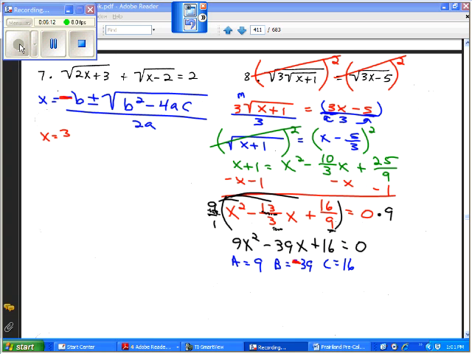The opposite of a negative 39 is a positive 39 plus or minus the square root of my b, which is a negative 39, so we put it in parentheses squared, minus 4 times my a value of 9 times my c value of 16 all over 2 times my a value of 9.